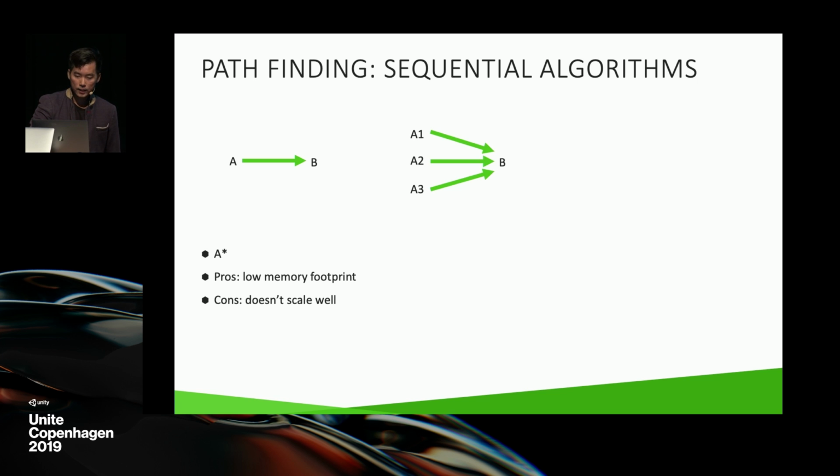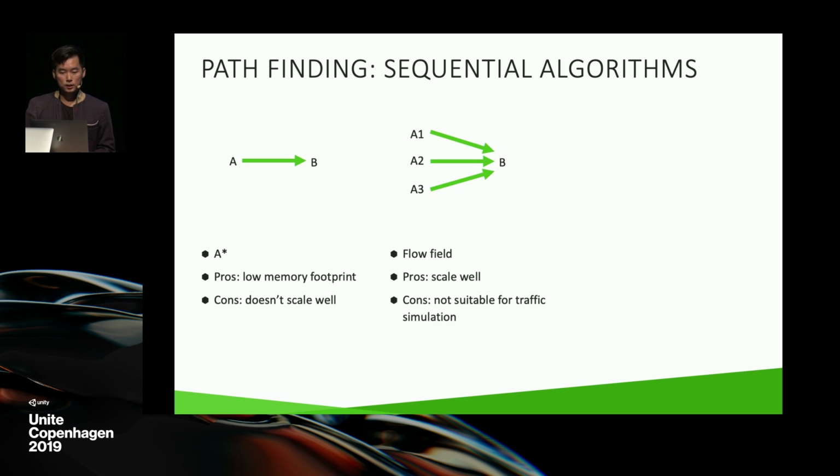The second algorithm I looked at is called Dijkstra, which is quite popular in strategy games. The pro is that it scales well. It can give you all the paths from all sources to one single destination in one compute session. However, it is not really suitable for traffic simulation because in a hectic traffic setup, you have vehicles heading to different locations all the time.